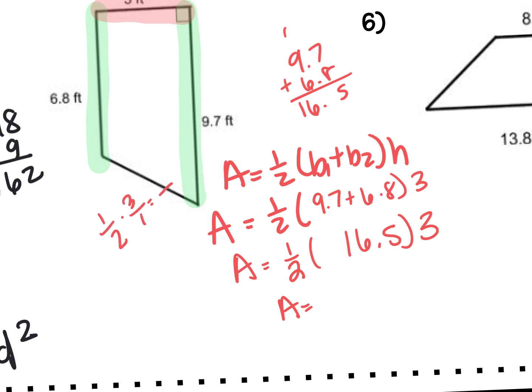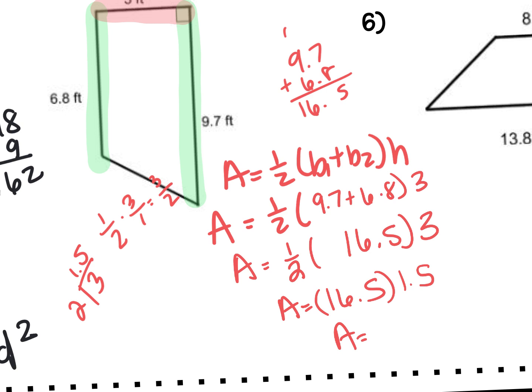Remember, to take half of something, you're really multiplying by a fraction, so it's really 3 over 2. So it's really 3 divided by 2, and I actually know what that is, and it's 1.5. So 16.5 times 1.5, and I am going to do that for you in the calculator real quick, and it is 24.75. Of course, you normally do not get a calculator. Just for solving purposes and to get through the video, I am going to go ahead and just give you the answer. Feet squared.